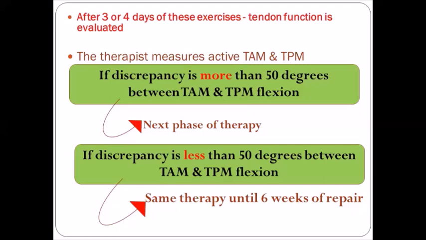I hope you are able to understand this. So in that situation, even if you go for the next phase of therapy, it is not going to create any problem related to the suture.